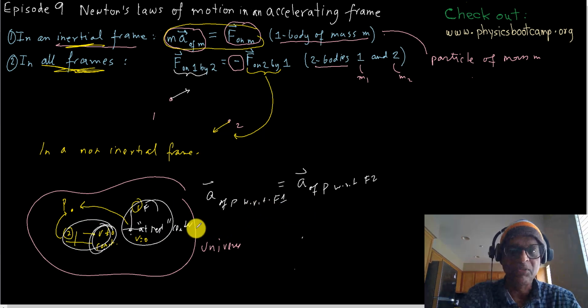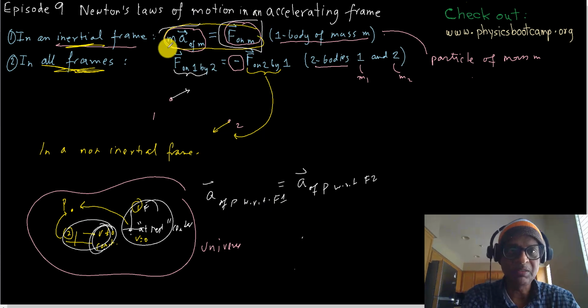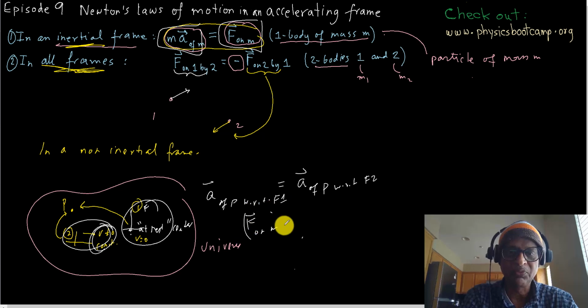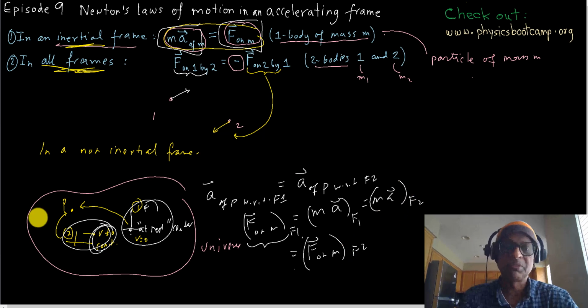And on this side, force is independent of frame. If this side is the same, then you're going to get force on m in frame F1 equal to m a in frame F1, but this is the same as in frame F2, and so this is also the same for m in frame F2. So these are all inertial frames.